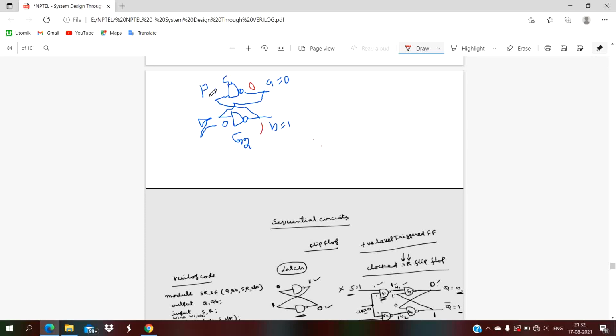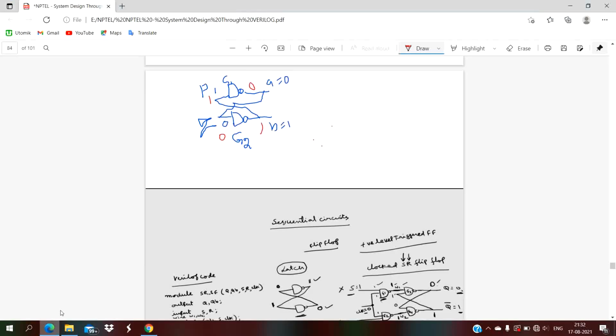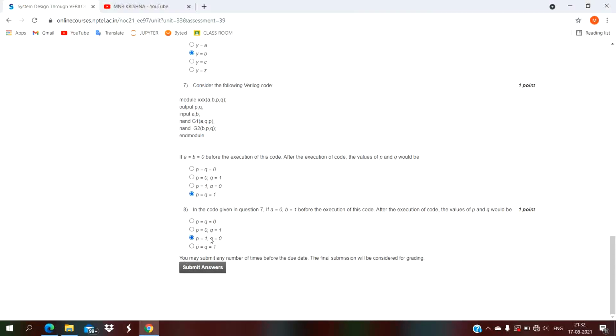So P is equal to 1, Q is equal to 0. After execution, P is equal to 1, Q is equal to 0. The option is P is equal to 1, Q is equal to 0. P1 Q0. That's it, guys.